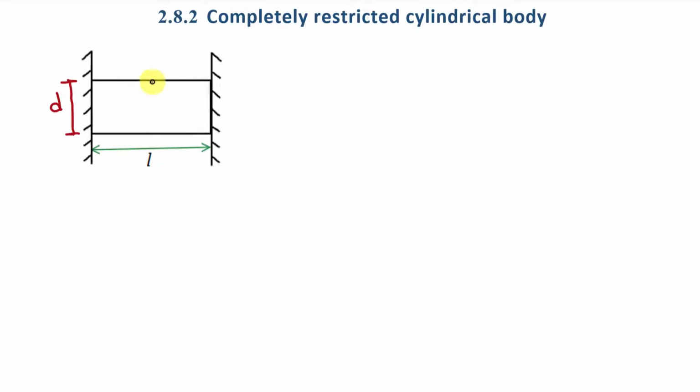Here the length of this cylindrical body is L and diameter of this cylindrical body is D. This cylindrical body is fixed at both the end, this end and this end. Fine? Now if we increase temperature of this cylindrical body delta T, then what will be the value of thermal strain and thermal stress in this body?